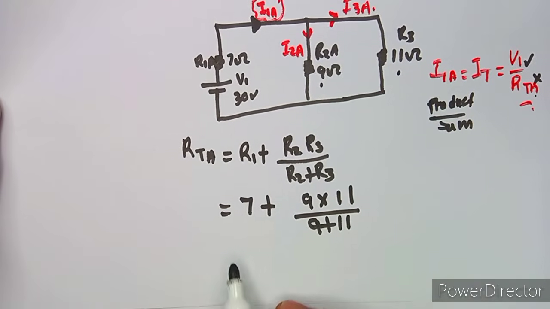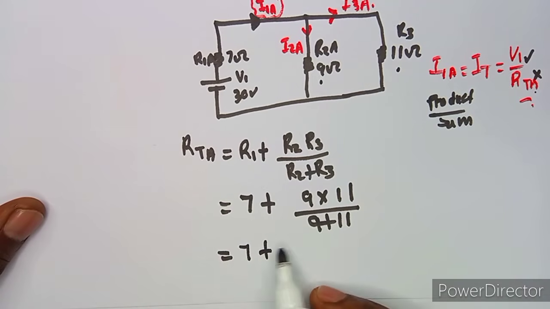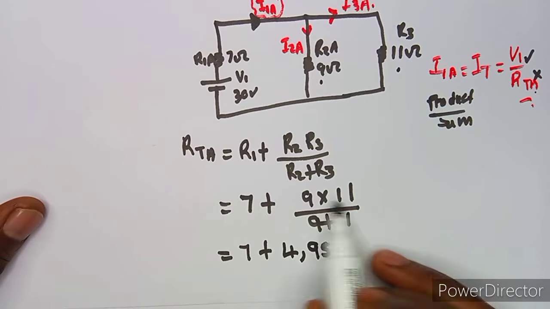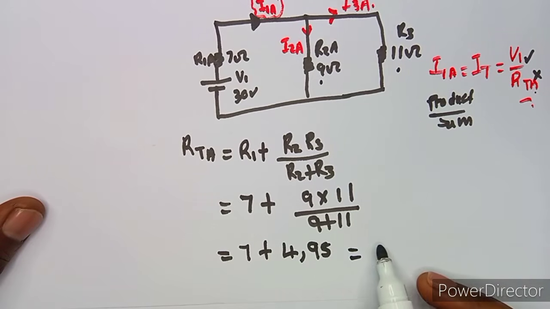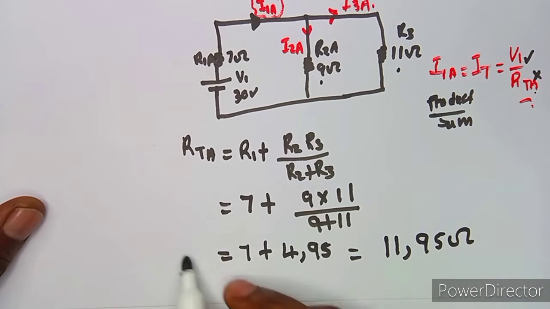This gives us the total resistance, 11 plus 4,95. If you use your calculator properly, it gives us 4,95, which gives us 11,95 ohms.